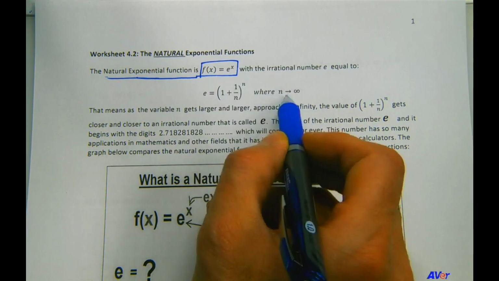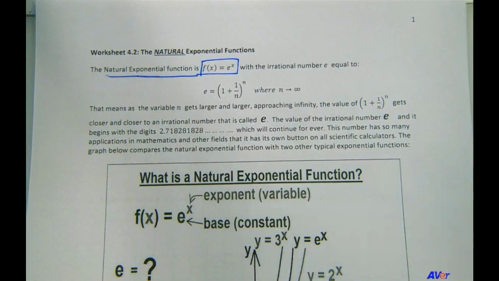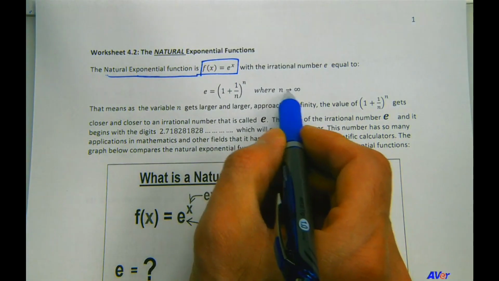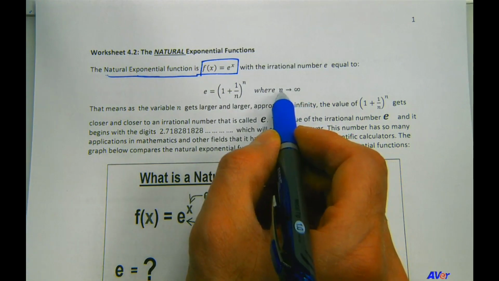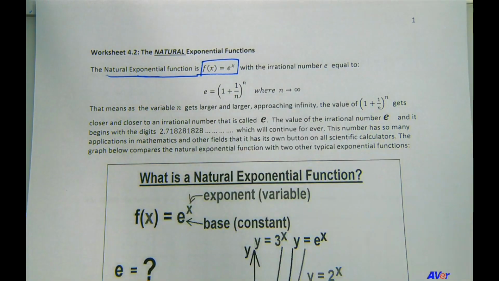Those of you who will be taking Calculus 1 or Math 181 will become very familiar with that arrow. n arrow infinity means as n approaches infinity. You will see that a lot in calculus classes in general. And so e is equal to that.